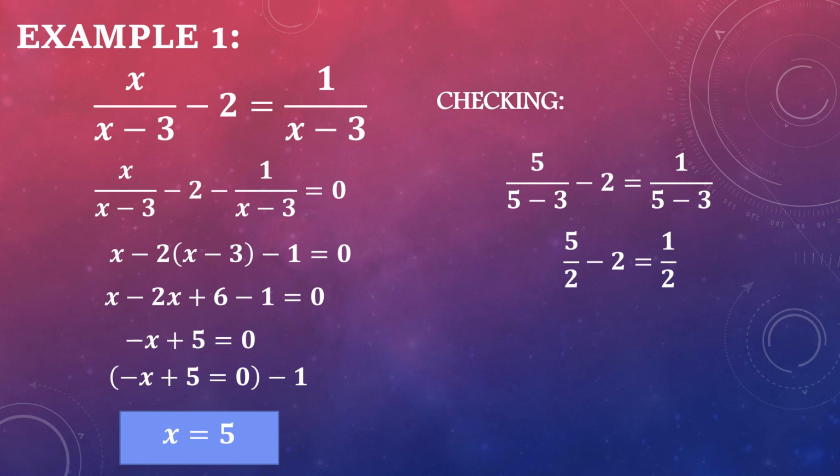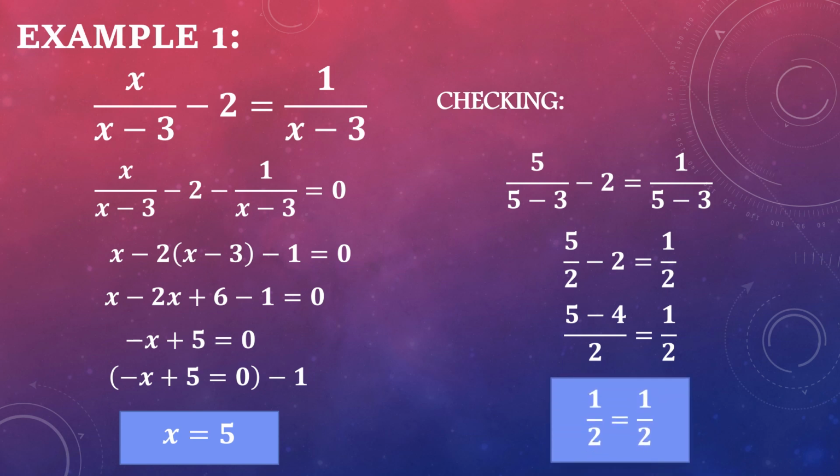So we have 5 over 2 minus 2, which is equal to 1/2. We get the LCD again, which is 2. Then we have 5 minus 4 over 2, which is now equal to 1/2. 1/2 is equal to 1/2, which means then that x, which is equal to 5, is the solution of the equation x over x minus 3 minus 2 is equal to 1 over x minus 3.